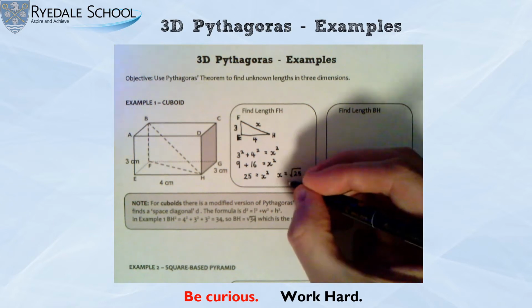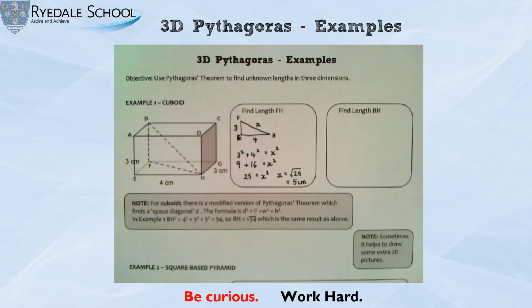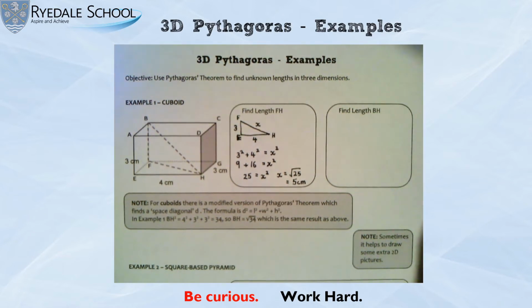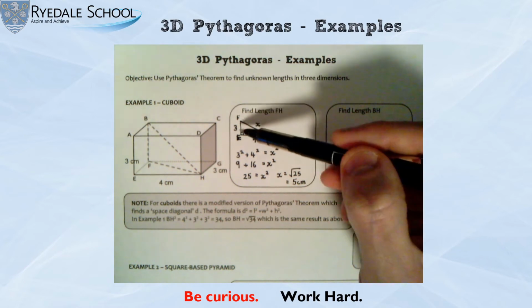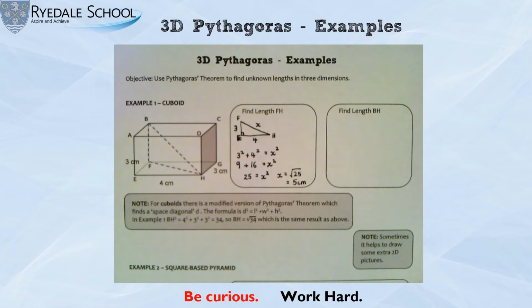And the square root of 25 is 5 centimetres. Now, maybe one or two of you would have actually said, oh yeah, I know that x is 5 straight away, sir, because this is one of those special, what we call Pythagorean triple triangles, where we know there's a relationship between those numbers, and a 3, 4, 5 triangle is a very special case.